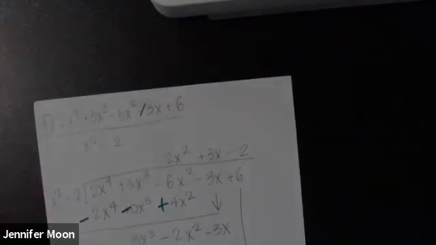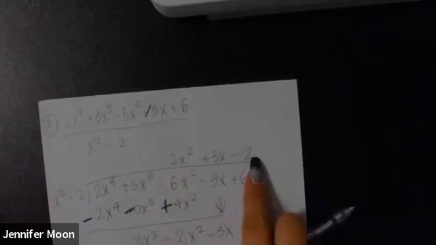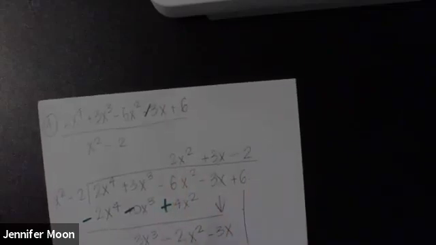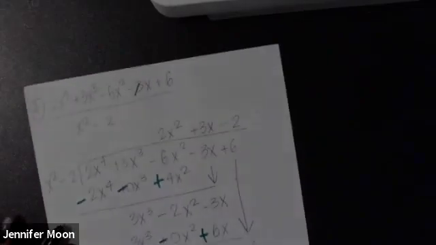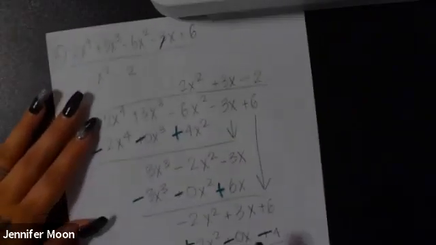And so whenever we put this in our answer form, you do quotient plus remainder over divisor. So our answer is 2x squared plus 3x minus 2 plus 3x plus 2 over x squared minus 2. Yeah, that's the right answer.